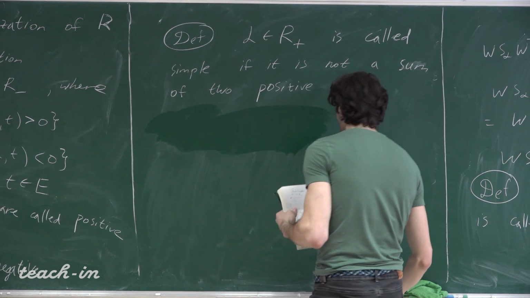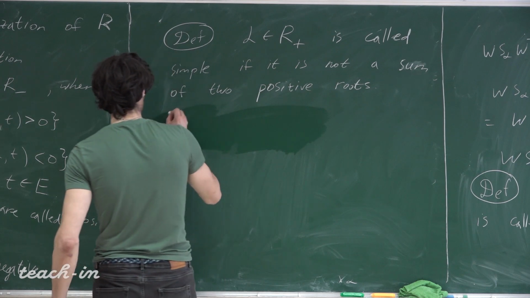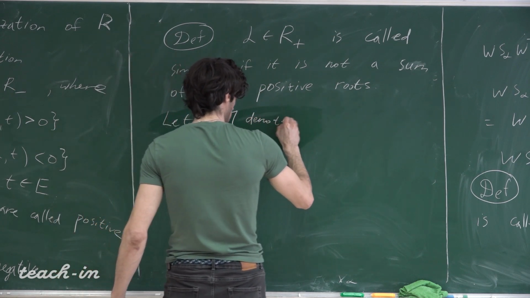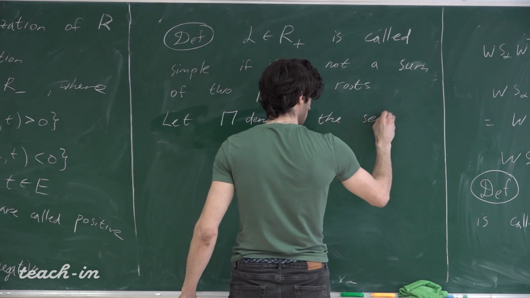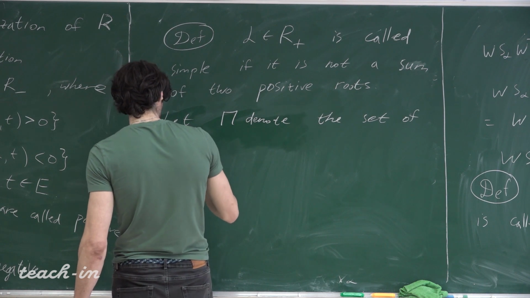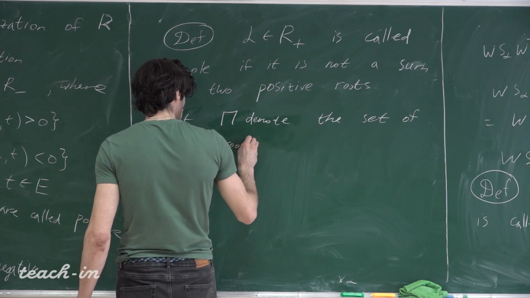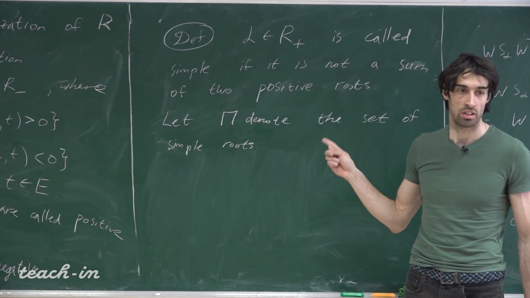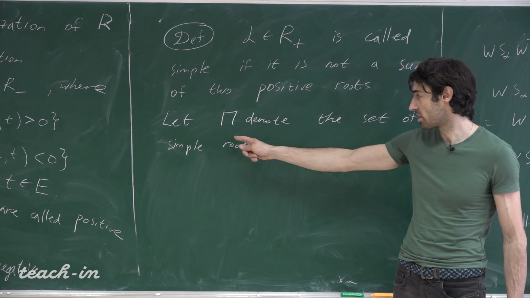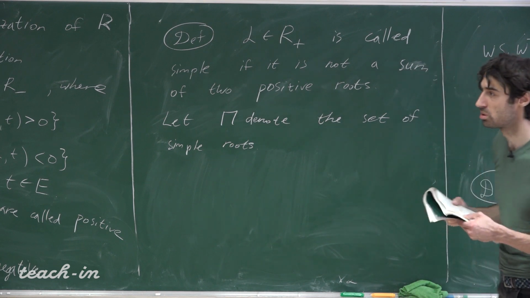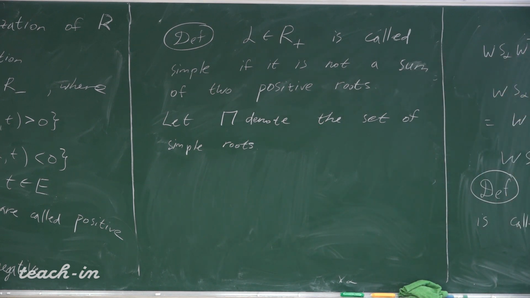So let pi denote the set of simple roots. So once I chose a polarization, pi is chosen already, right? So choosing of polarization, choosing of the set of simple roots, kind of the same.